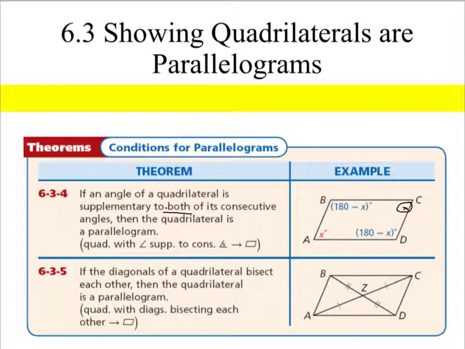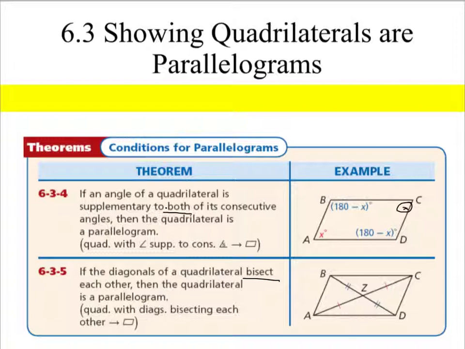Okay, last theorem that you have here today: if the diagonals of a quadrilateral bisect each other, remember that word bisect, then the quadrilateral is a parallelogram. What does it mean to bisect? Well, it means basically to cut in half.